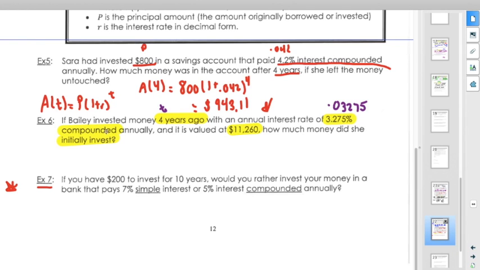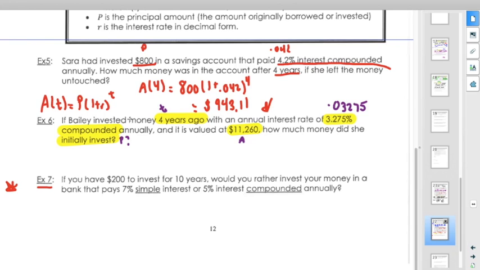Compounded tells me what formula I'm using. And now it's valued at $11,260. So that's my value now. That's like my A of T. This piece here. How much money did she initially invest? P. I don't know P. So let's substitute in everything we know.